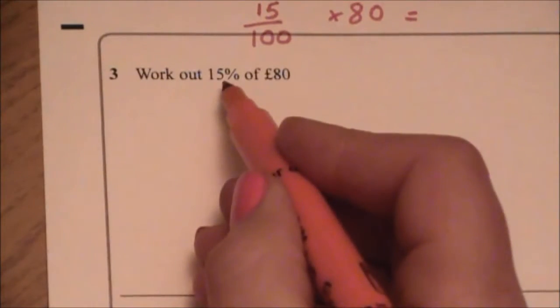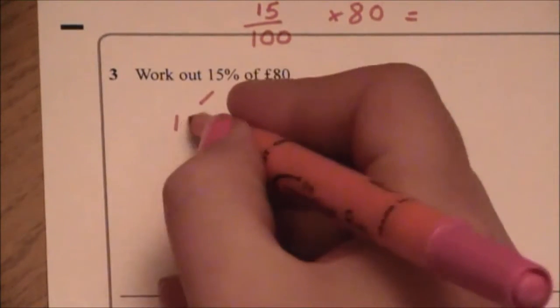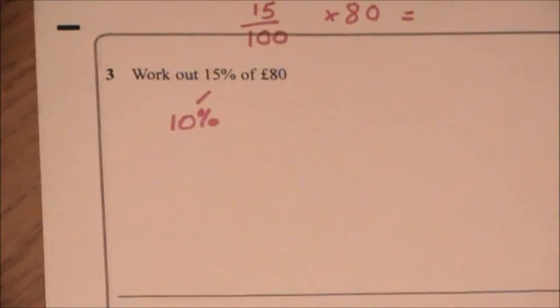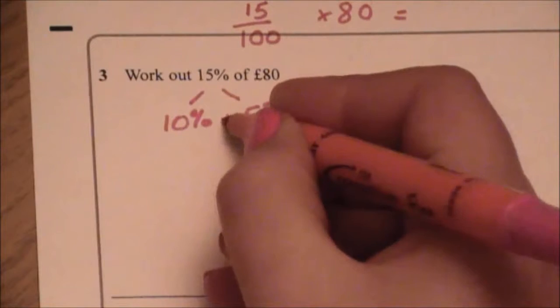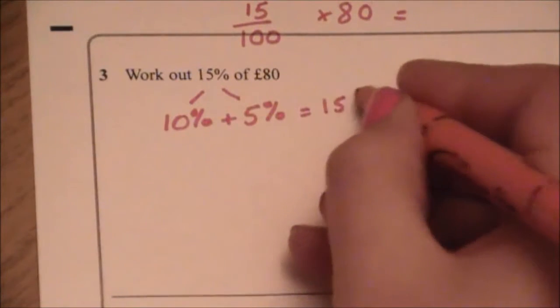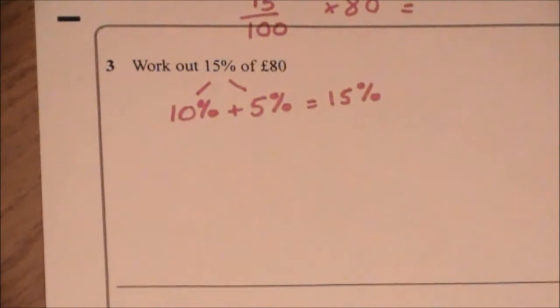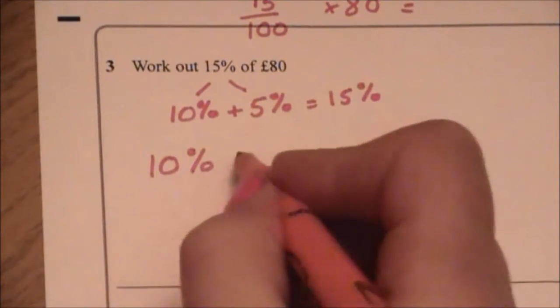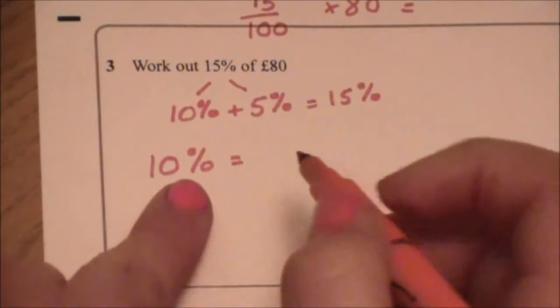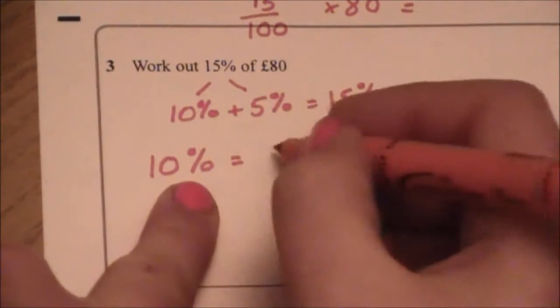So in order to work out 15%, what would be really lovely is if I could find what 10% is and what 5% is, because I can add those together to give me my 15%. So the first thing I'm going to do is find 10%, because to find 10% you just divide the amount by 10.